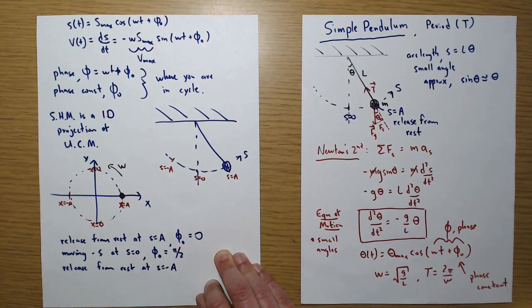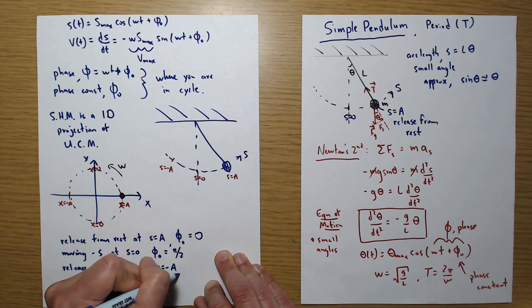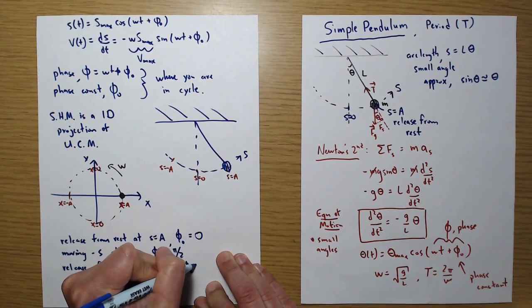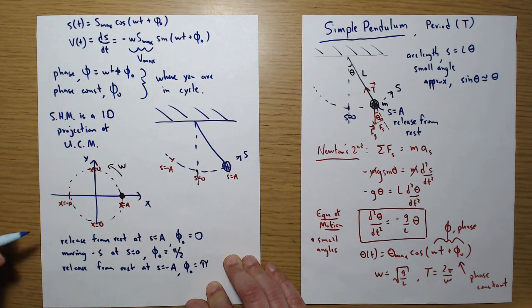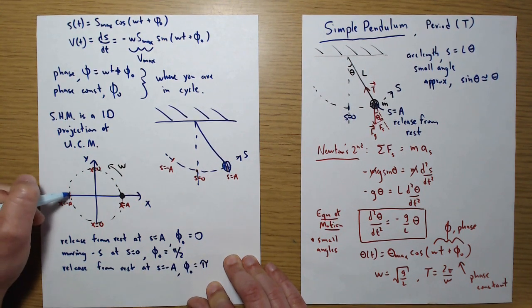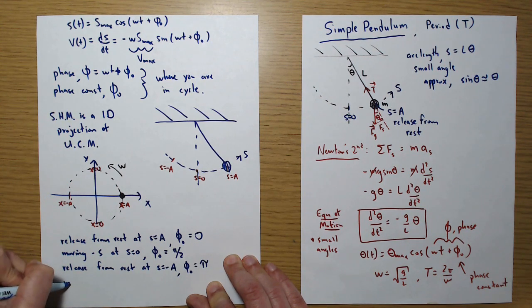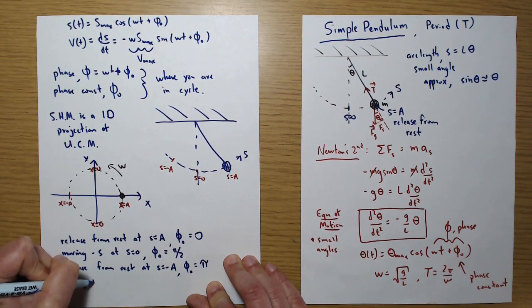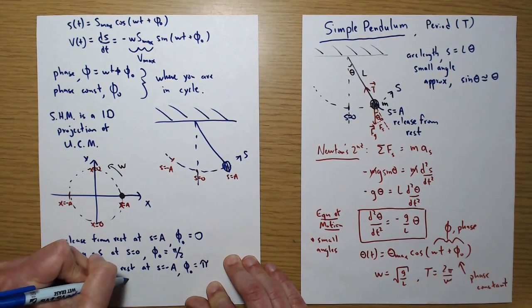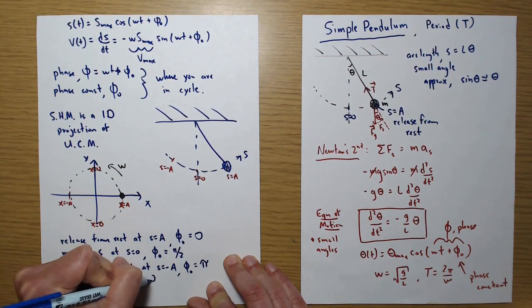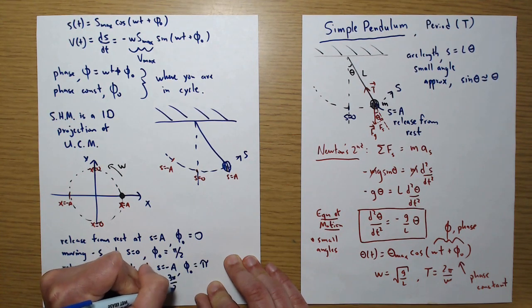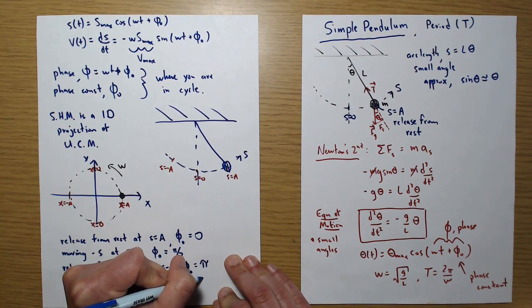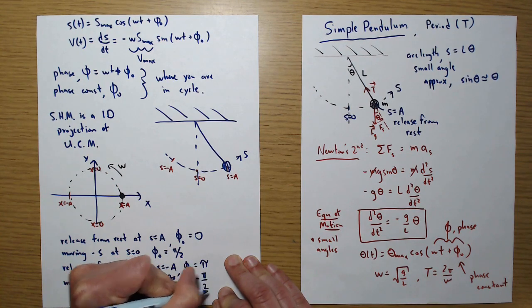Well, now my phase constant, phi naught, equals 2 pi, because the object has started in its motion right here. And finally, if it's moving in the plus s direction at s equals 0, my phase constant is equal to 3 pi over 2. Or I could also say this is negative pi over 2.